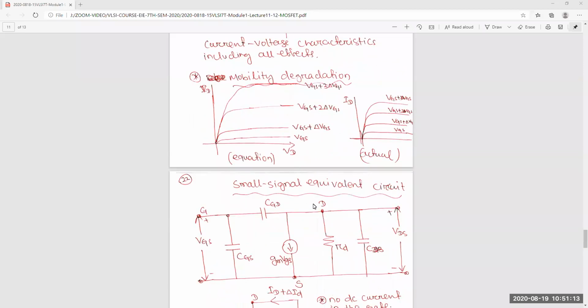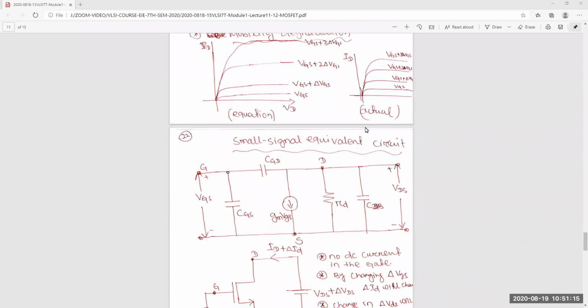So these things you should know. First, before going into the detailed calculation of what capacitances are there, we should know the overall picture. What is the small signal equivalent circuit of a MOSFET?